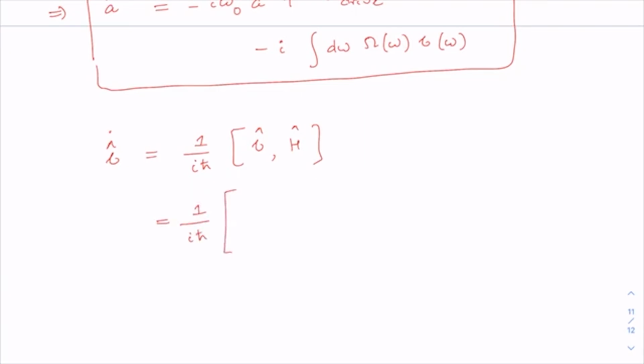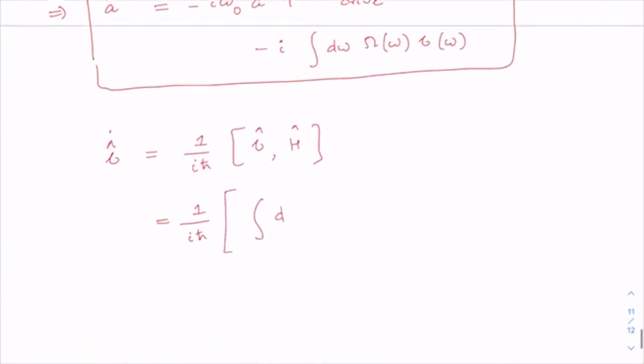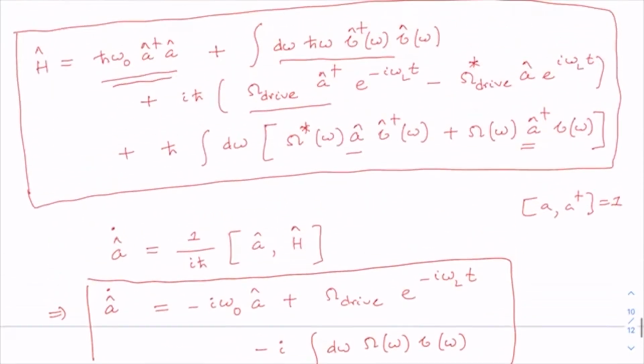Now I have an integration, because the a dagger a part is not going to contribute, because these are independent as I said. So from the next term we'll have, say, the integral d omega dash h cross omega dash b dagger of omega dash b of omega dash. Let me show it here.